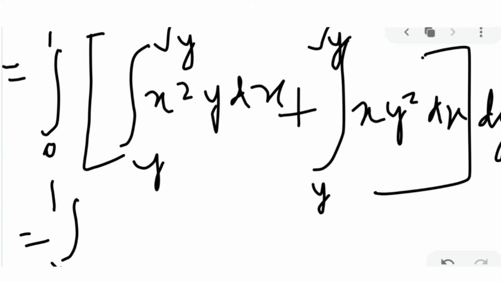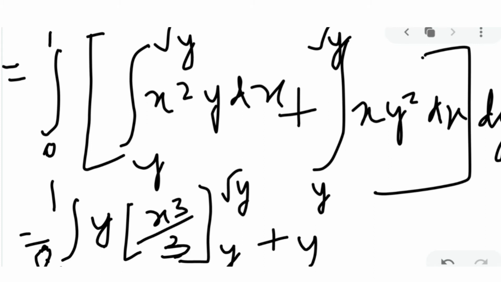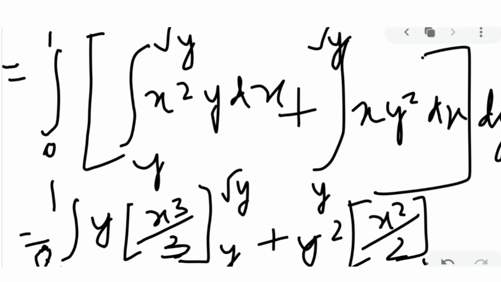0 to 1, sorry, 0 to 1, y, x cube by 3, y root y, plus y square, x square by 2, from y to root y, and the dx will be here, dy, and here there will be dy.